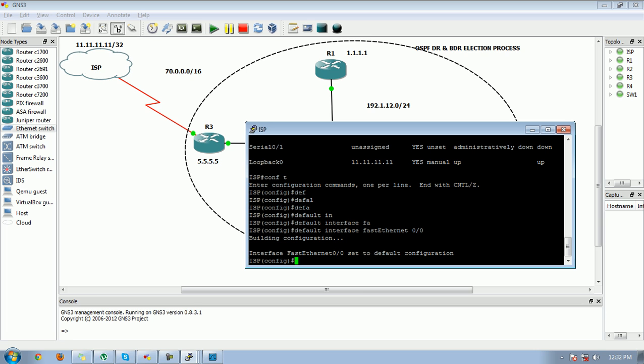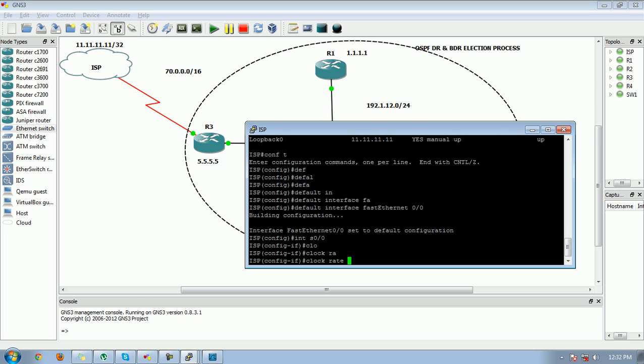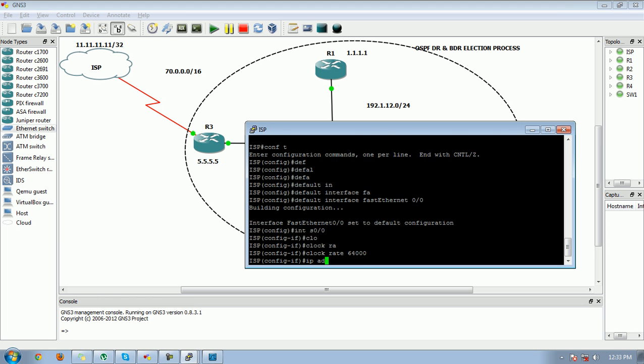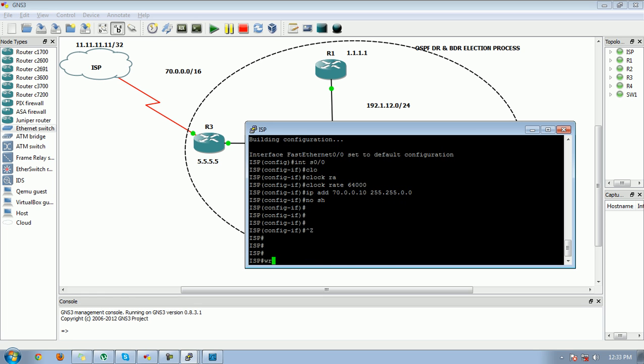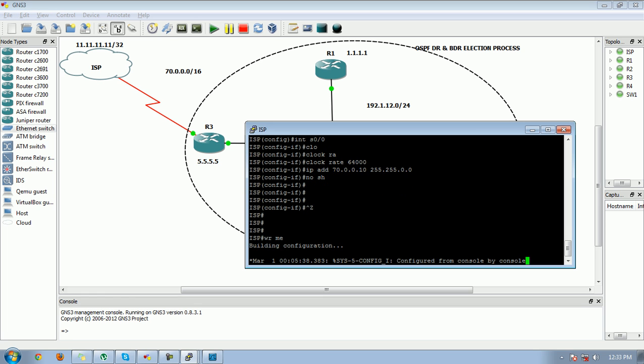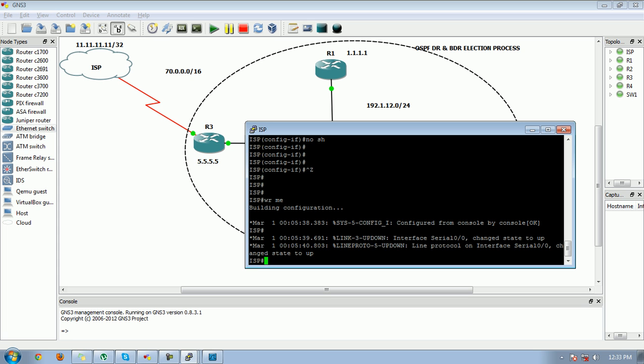Either you can get inside that interface and you can give no IP address, or you can do this. It's up to you. Interface serial 0/0. Clock rate 64000. IP address 70.0.0.10. Clear? Now the interface will go up.